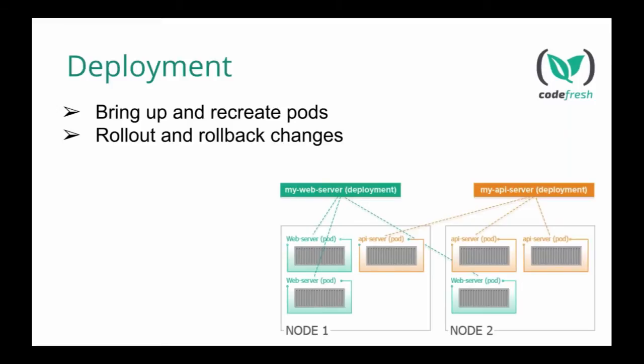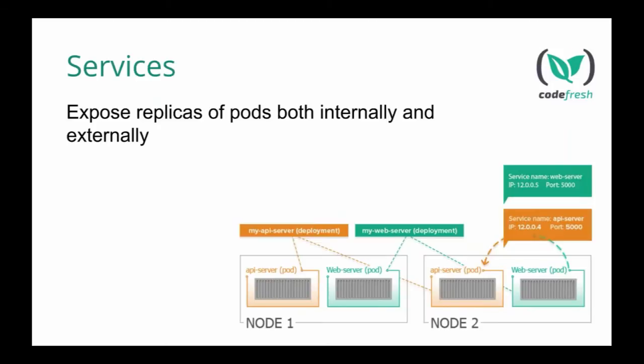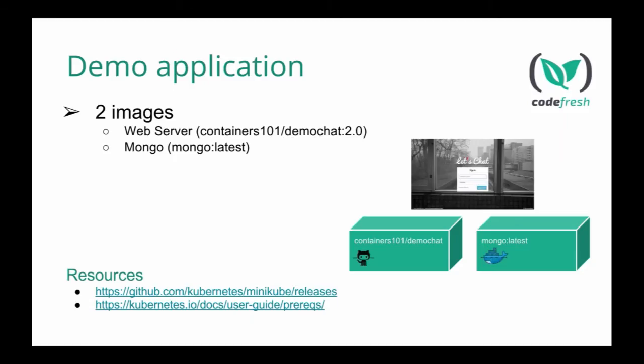In fact, we've seen that deployment is a very convenient object or entity to manage the pods across the different nodes, to bring up new pods, to roll out changes to the pod, to roll back changes, and so on. We have seen services, which is a way to expose our pod in one IP and one port, and it helps us to communicate both between pods internally within our Kubernetes cluster and externally.